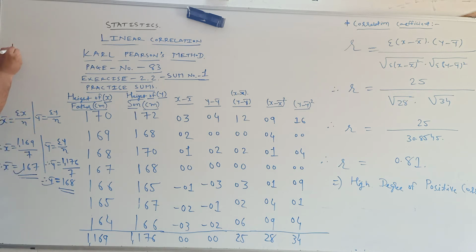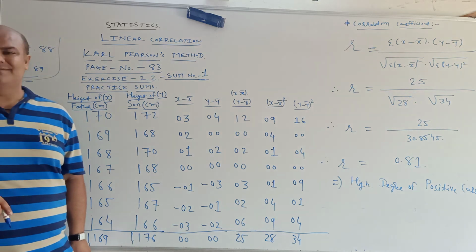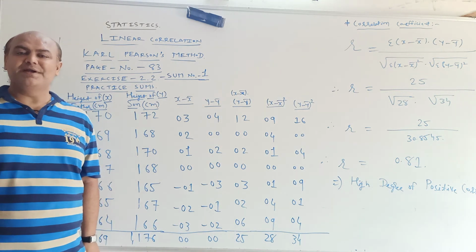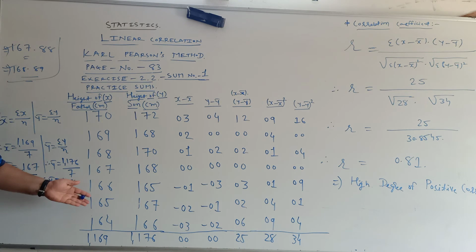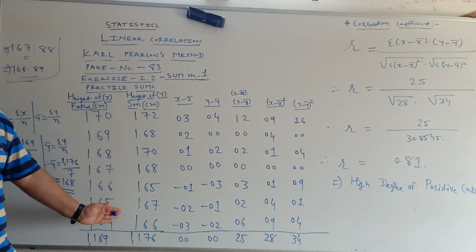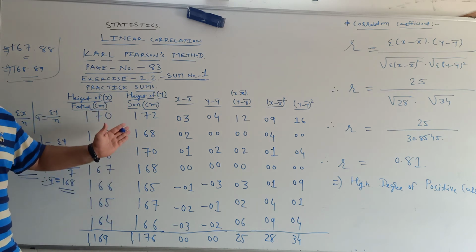Suppose they give us 167.88. Suppose they provide us 168.89. For example, it is just an example. This is called x bar and y bar in fraction, not integer, in points. In the same way the digits are also big. See here, the digits are not small, not less than 30.